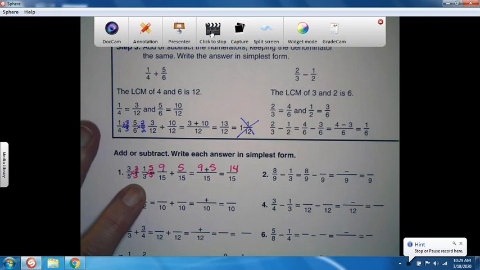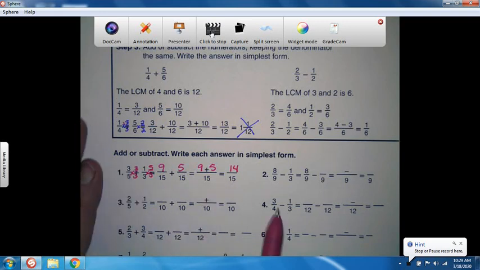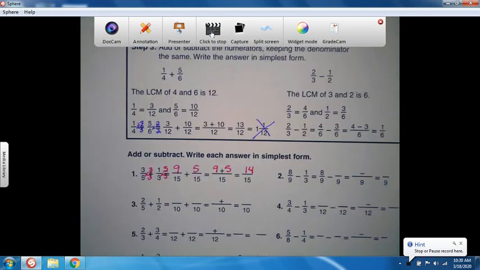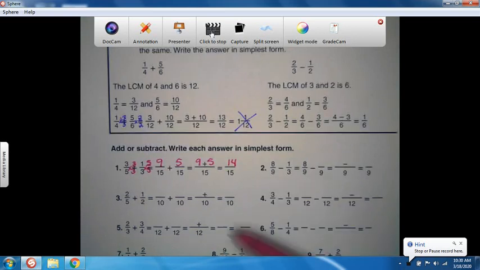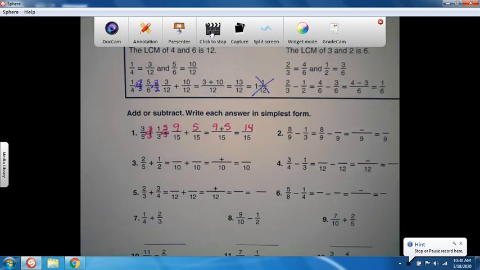So if you get comfortable doing it this way, okay, it takes up more space, I think. If you don't like it this way, you can always do it differently, because you're going to have to do this in your journal anyhow. All of this stuff is in your journal.